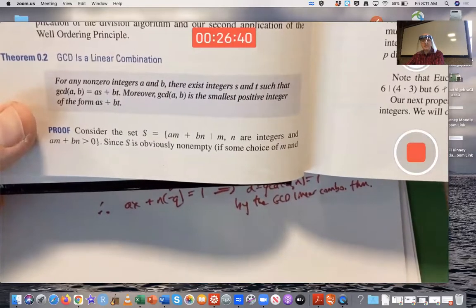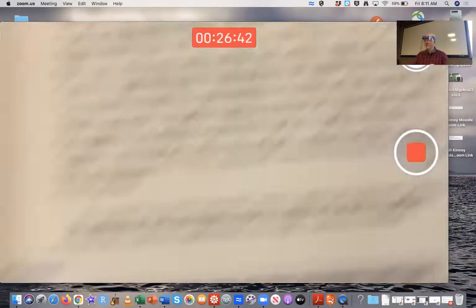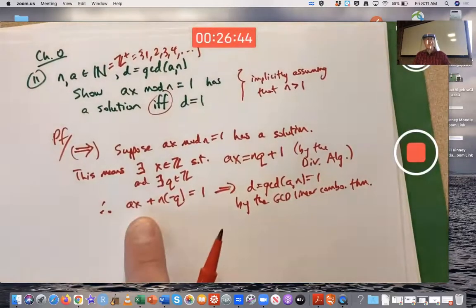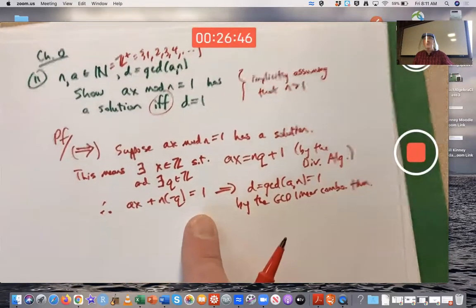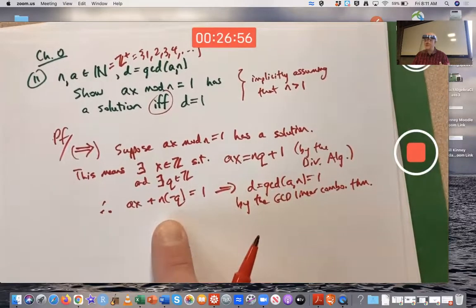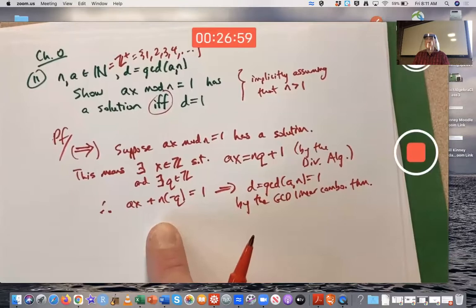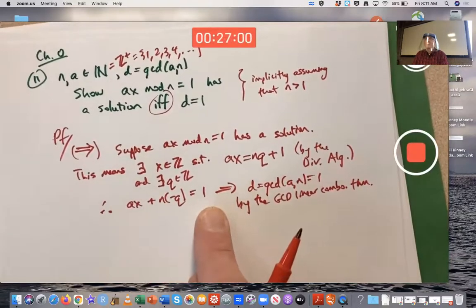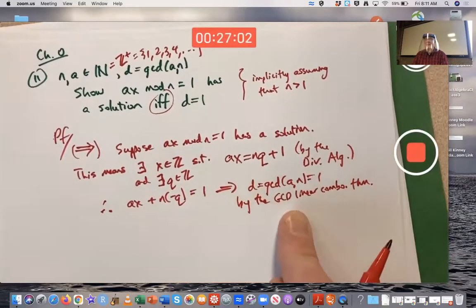In other words, a linear combination of a and b. We've got a linear combination of a and n equaling 1 here. 1 is the smallest positive integer that there is. And the GCD is the smallest positive integer you can make as a linear combination like this. Therefore, the GCD has to be 1. A and n have to be relatively prime.